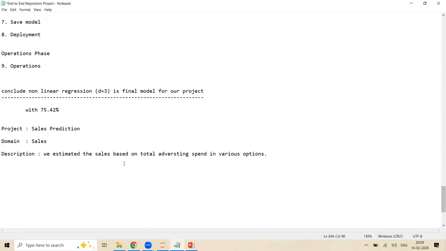And this estimation was done with 75% accuracy, with 75% R square or accuracy. Simply we are going to use 75%. That's it. This is your business description of the project.